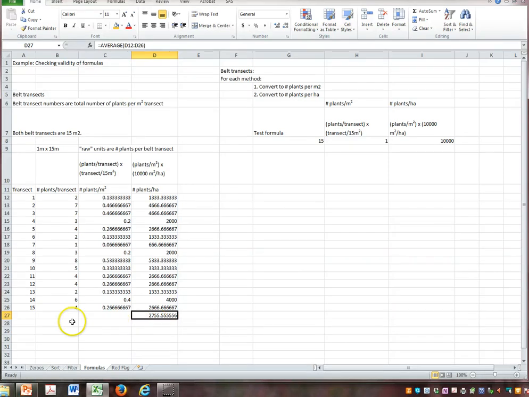You always need to remember what was the level of measurement precision that you had, which was to the nearest plant. In this case, we would translate this to 2,756 plants, or depending on what you would report, you could even report this as to the nearest 10, so 2,750 plants per hectare.